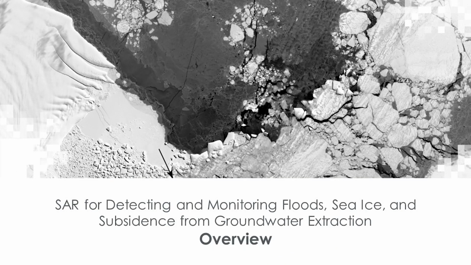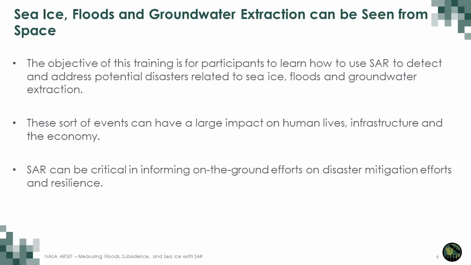To begin, I'll provide an overview of our training before we begin this session. So sea ice, floods, and groundwater extraction can be seen from space. And the objective of this training is for participants to learn how to use SAR data to detect and address these potential disasters related to these sorts of events.